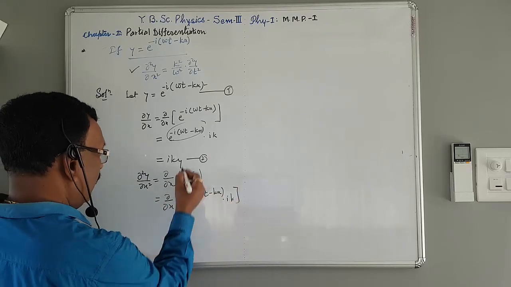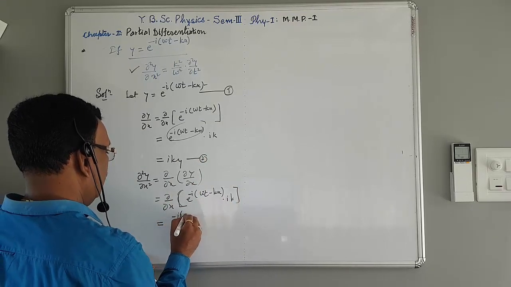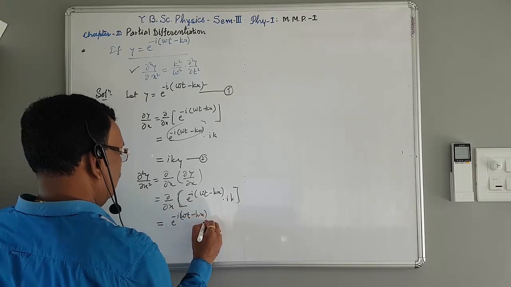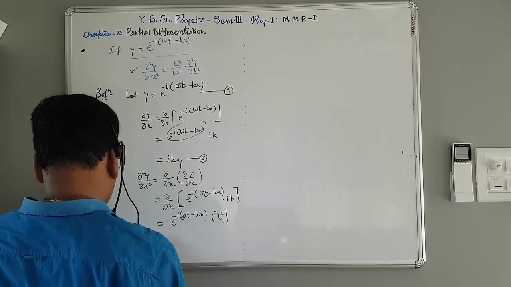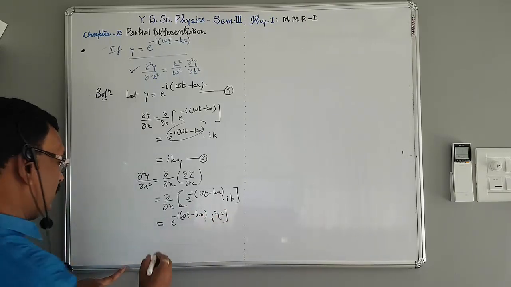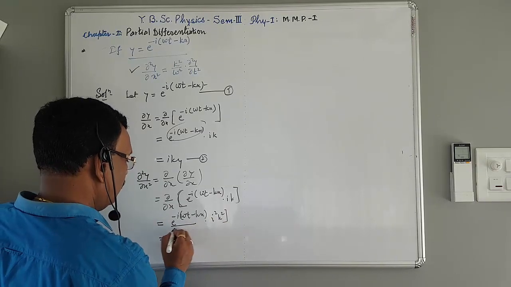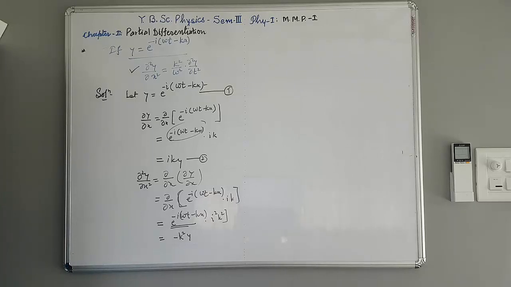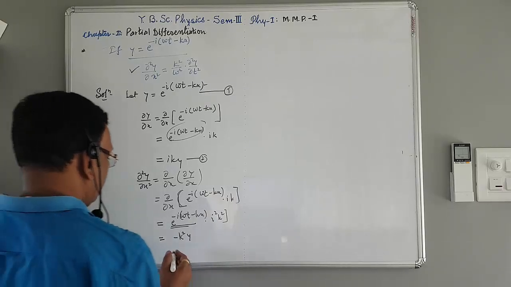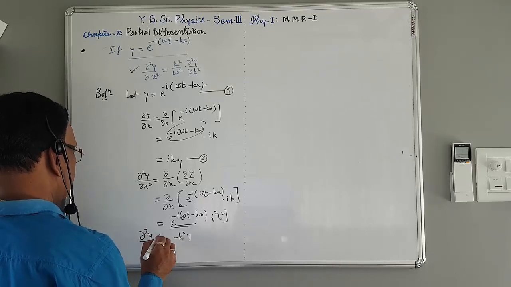Again solve this, we have e^(−(iωt − kx)) into i²k², and the value of i² is equal to −1. Therefore, this is the value of y, minus k²y. Okay, −k²y.